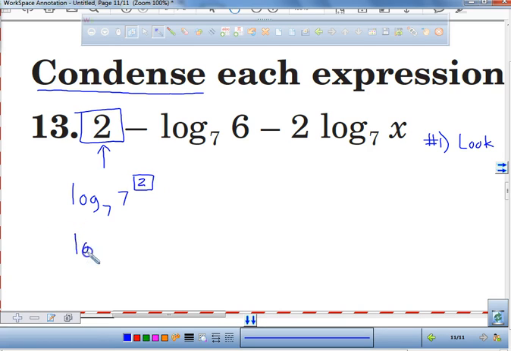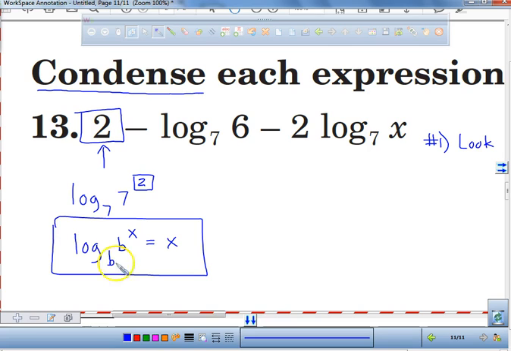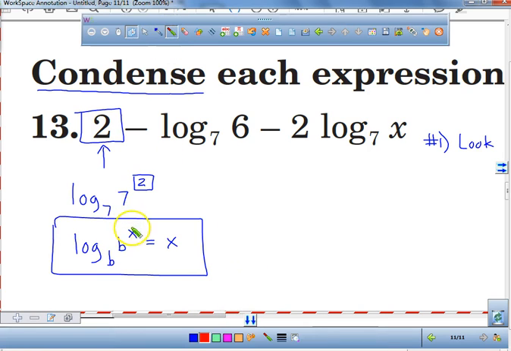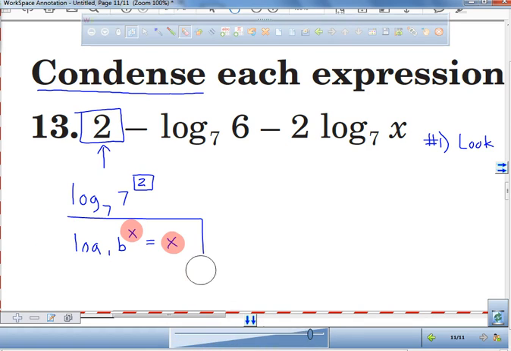That follows this rule: log base b of b to the x will always equal x. This is something you should have in your journal. If it's not there, put it there, because it's pretty important. Go ahead, erase that and get it out of the way.